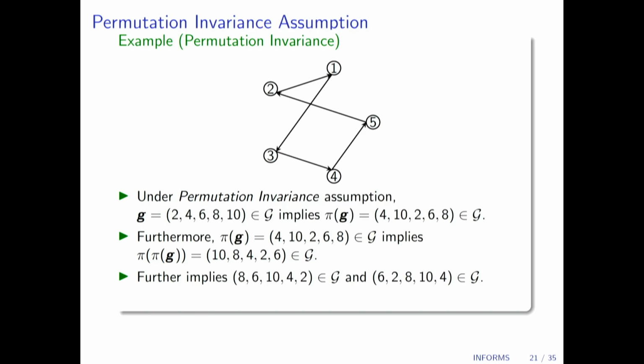Intuitively, this is to say that the domain of the values is symmetric. So if the first element can take the value 2, then all the other elements should also be able to take the value of 2. This is the symmetric assumption that people make by assuming permutation invariance.